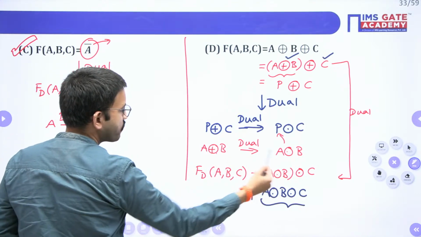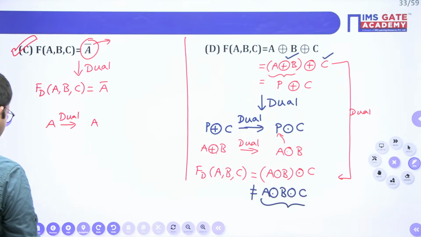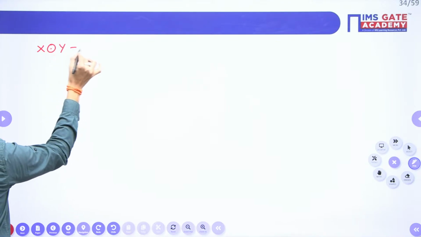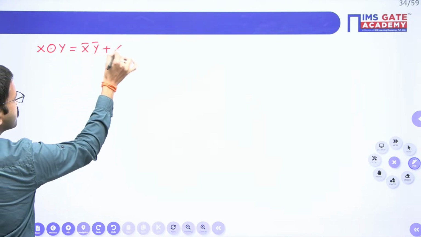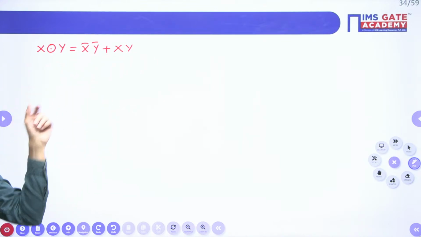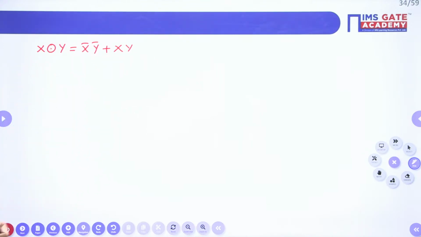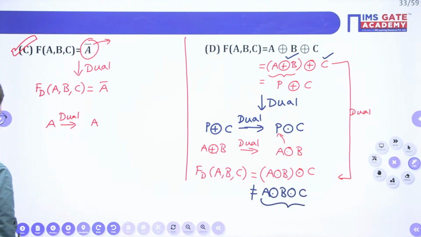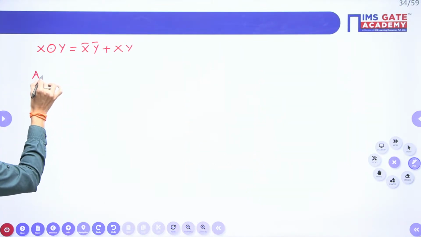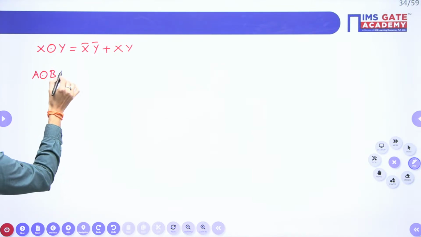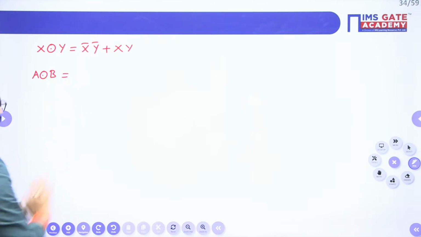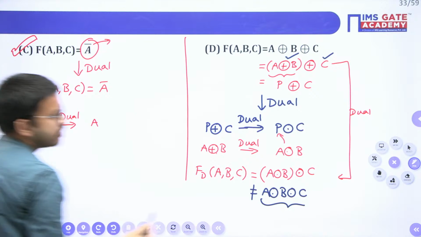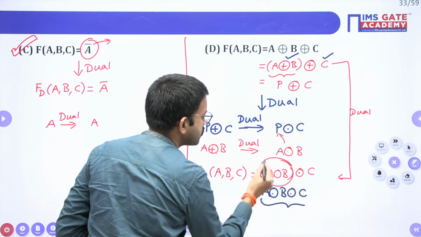So here you have A XOR B and then XOR with C. Say, for example, if you have x XNOR y, which is nothing but x bar y bar plus xy. I hope all of you know this XNOR expression among two variables. Now here you have A XNOR B. You can assume this entire variable as q.